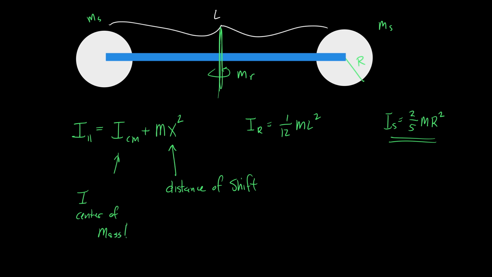It says that you can shift the axis of rotation to any parallel axis you want. Put the word parallel in there, because it can't do perpendicular axes, only parallel axes.